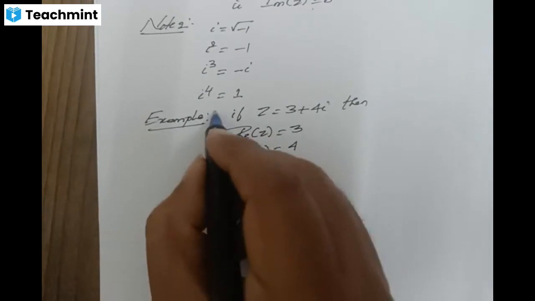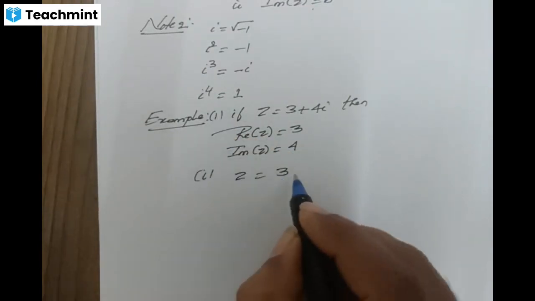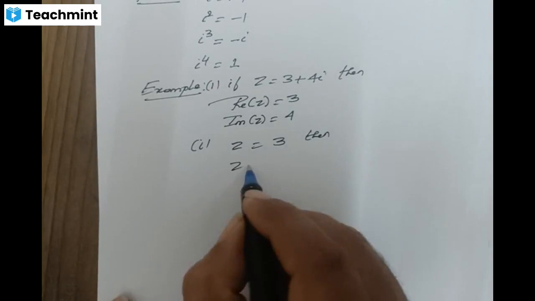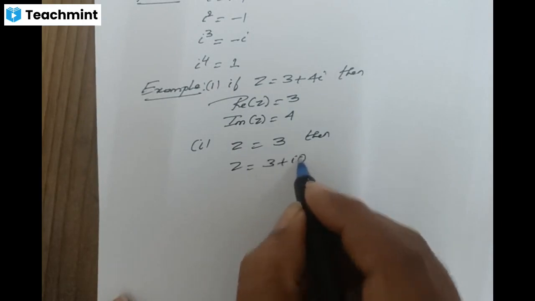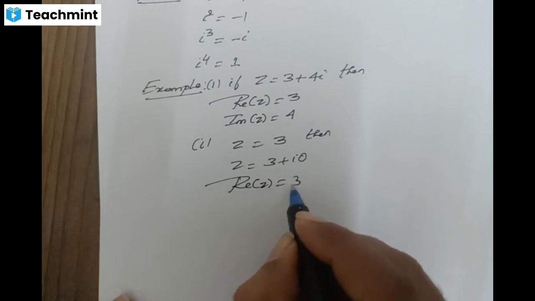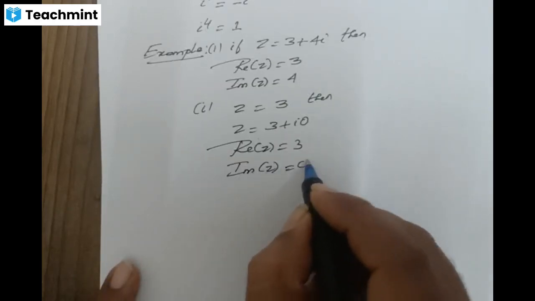I will take one more example. If z is equal to only 3, then z is equal to 3 plus i into 0. Then real part of z is 3 and imaginary part of z is 0.